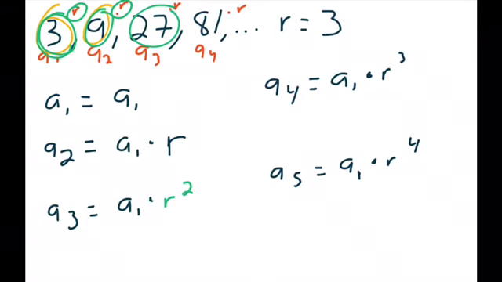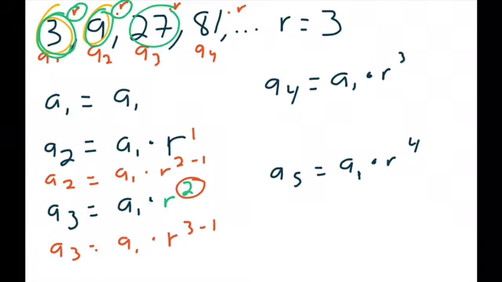Okay, now we're going to look at the pattern. So a sub 2 equals a sub 1 times r to the 2 minus 1, which gives me a 1 right there. A sub 3 equals a sub 1 times r to the 3 minus 1, which gives me a 2 right there.